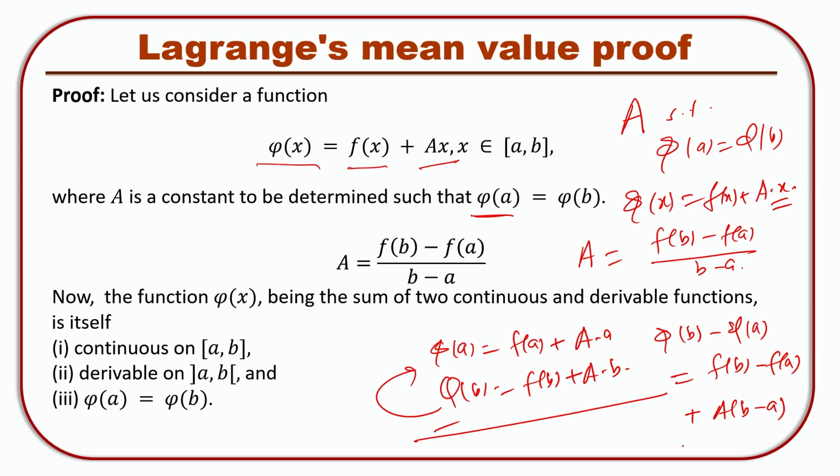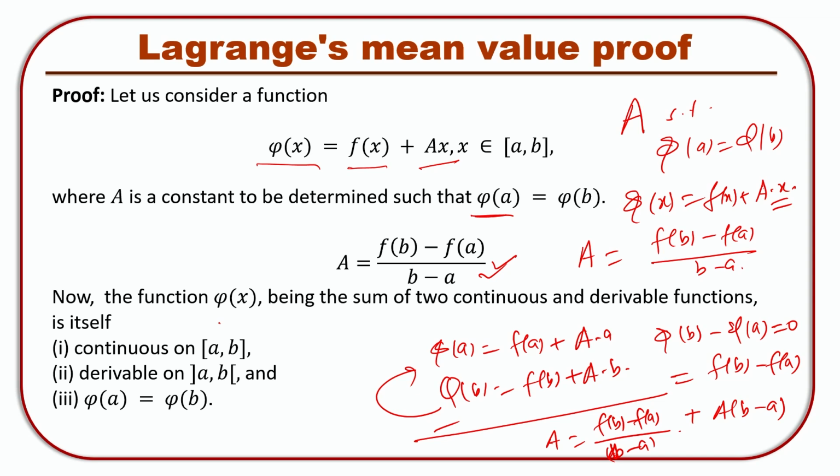Since A must be determined such that phi(a) equals phi(b), this is equal to 0. Therefore A can be calculated as f(b) minus f(a) divided by b minus a.